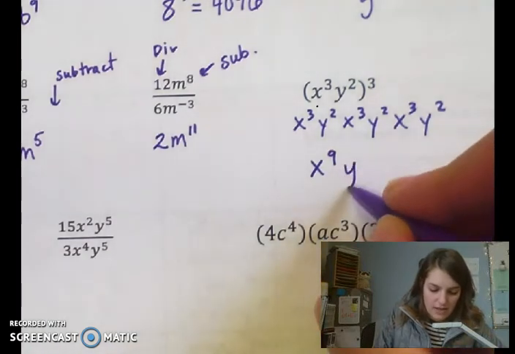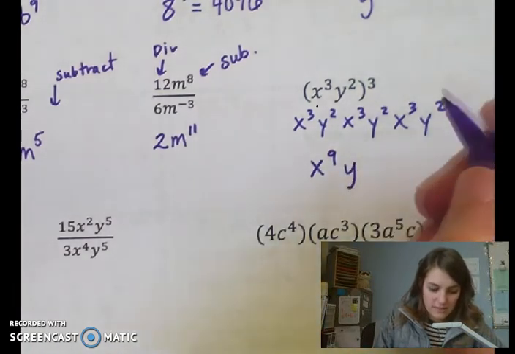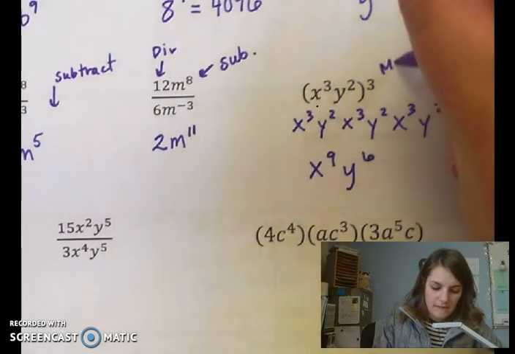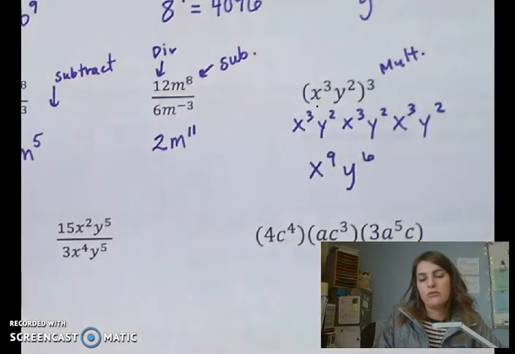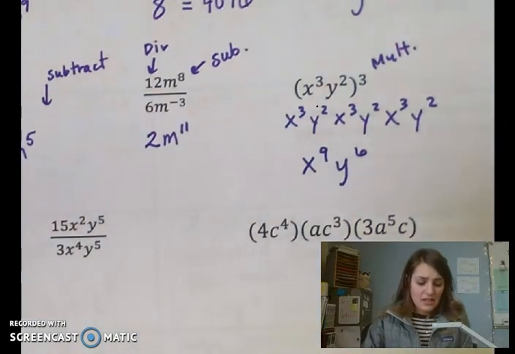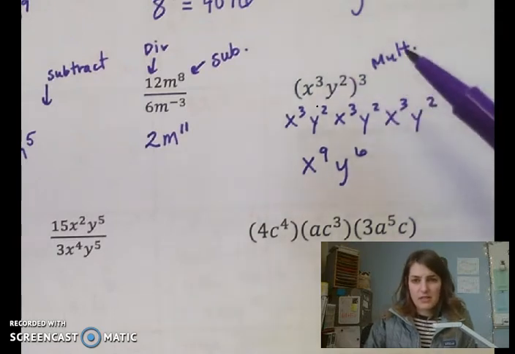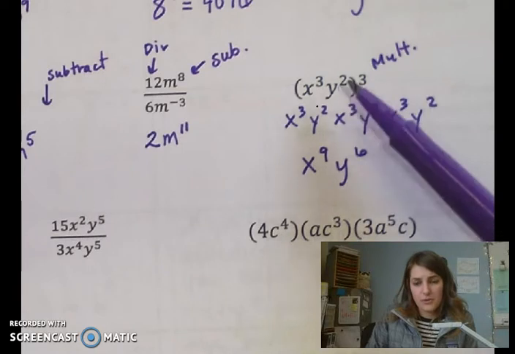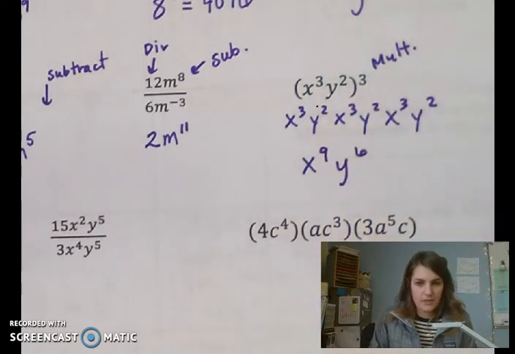And for our y's, we have a total of 6. Or we could have employed the multiplication rule from the beginning, which is what we'll do from now on, now that we know how this works. So it was 3 multiplied by 3 and 2 multiplied by 3. All right.